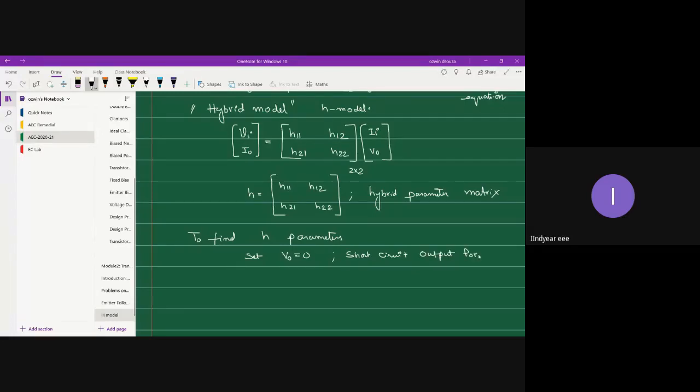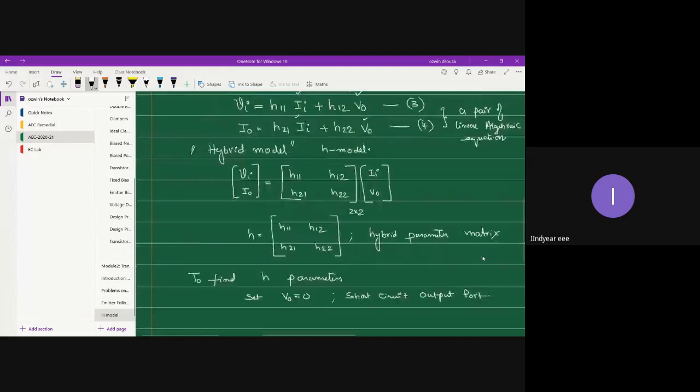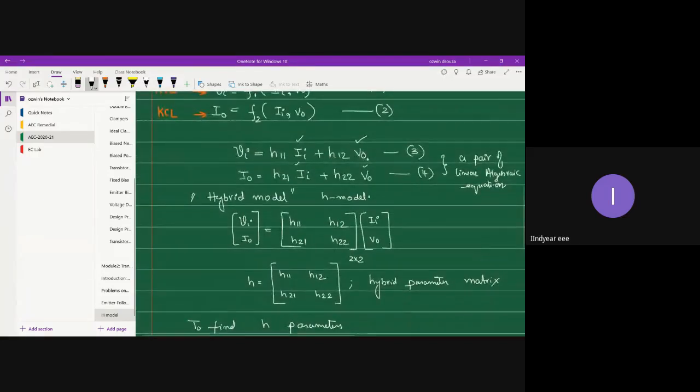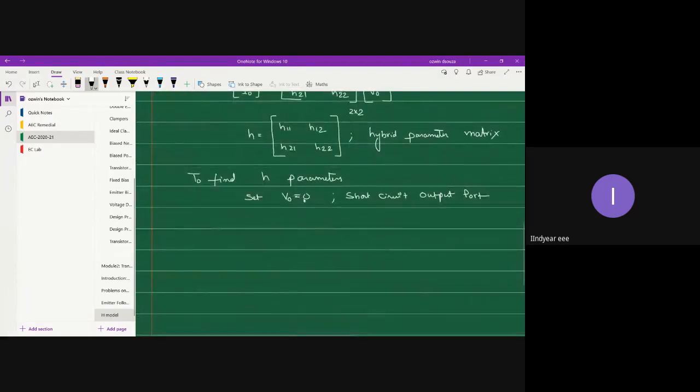We are trying to force one of the variables to 0, so that you will be able to take out the ratio. So set V naught equal to 0 in equations 3 and 4.